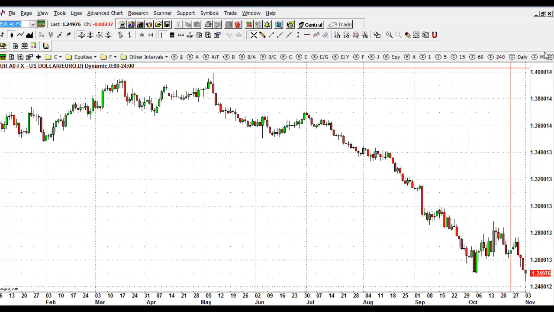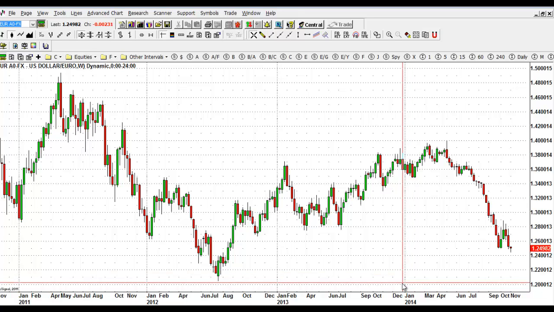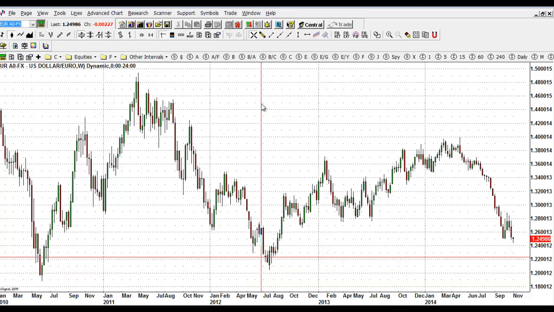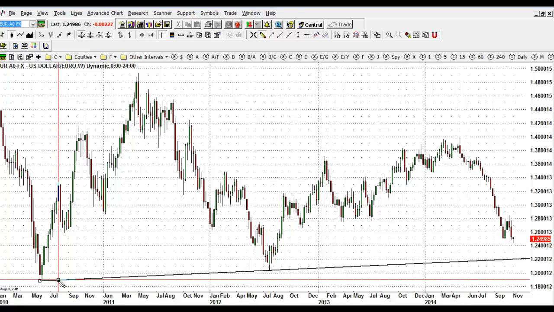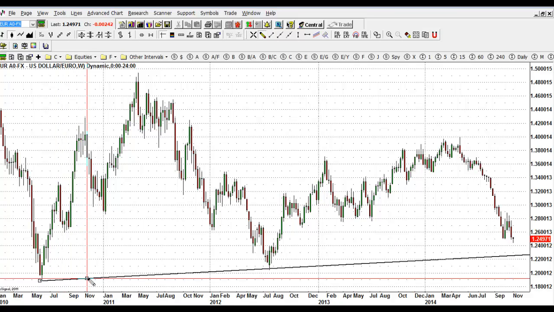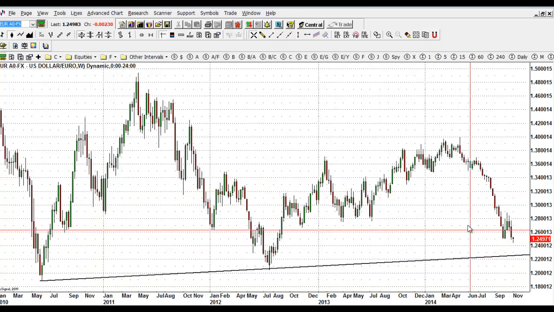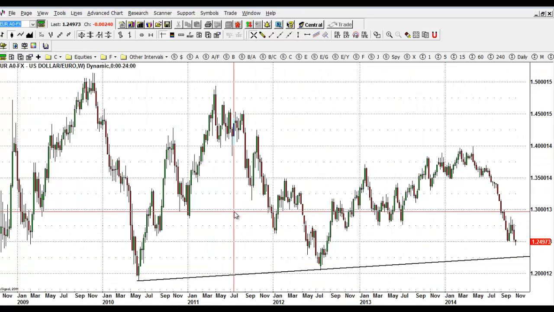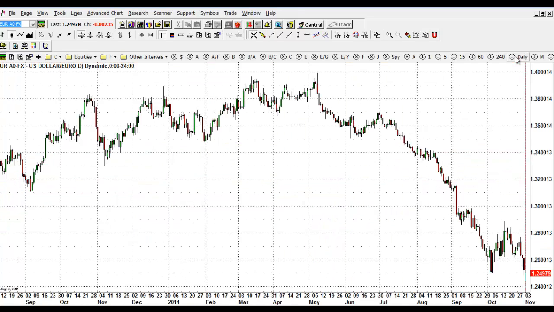But looking at this chart, you have support at the 120 level, which was the previous low that was made. And you have trend line support coming up based off of these lows at about 122.50. So those are the levels you can look out for in the euro currency as pretty significant support.